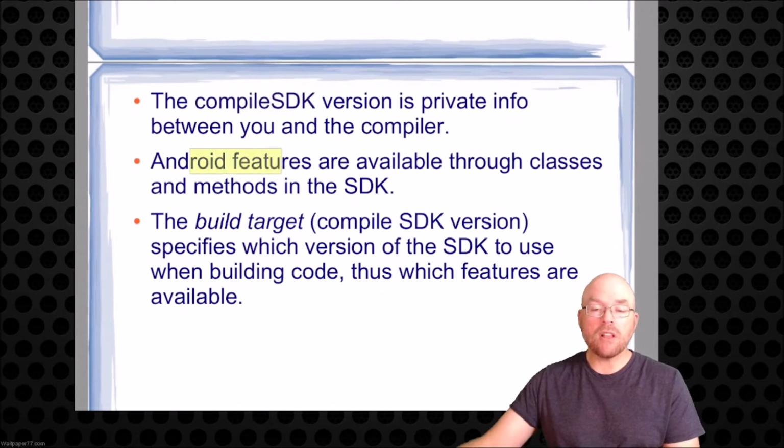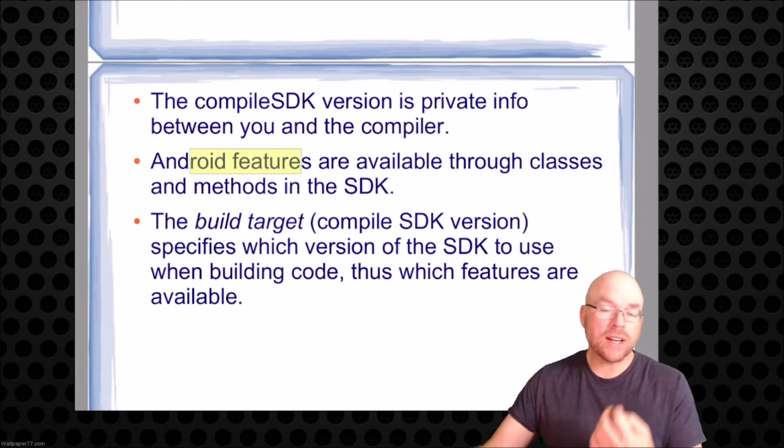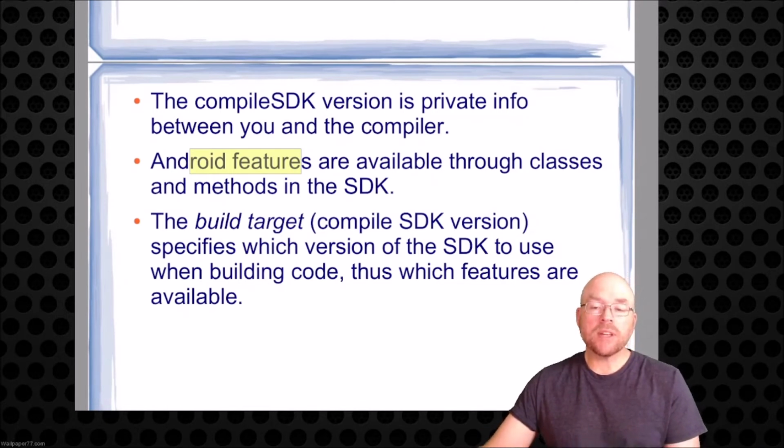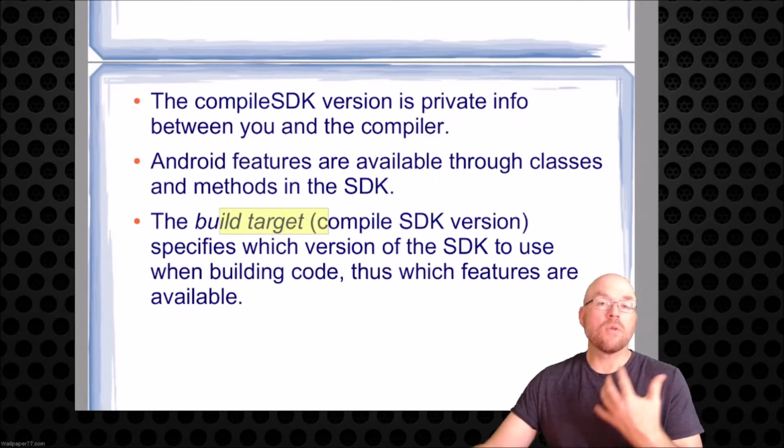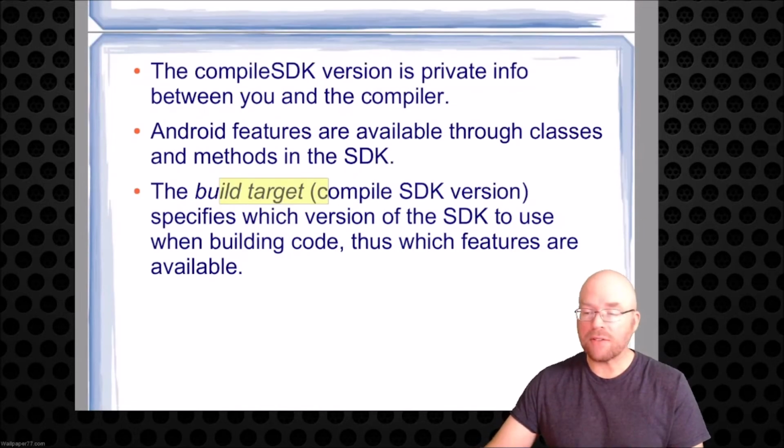Because all of the features that you can incorporate into your app are accessed through different classes and methods in the SDK. So that build target tells you which version of the SDK to use, and therefore which features you can actually have in your app.